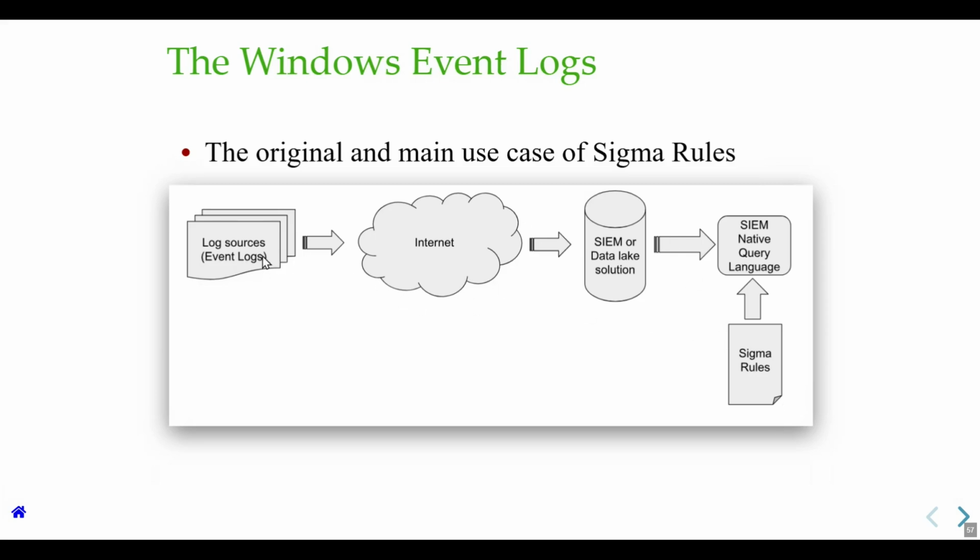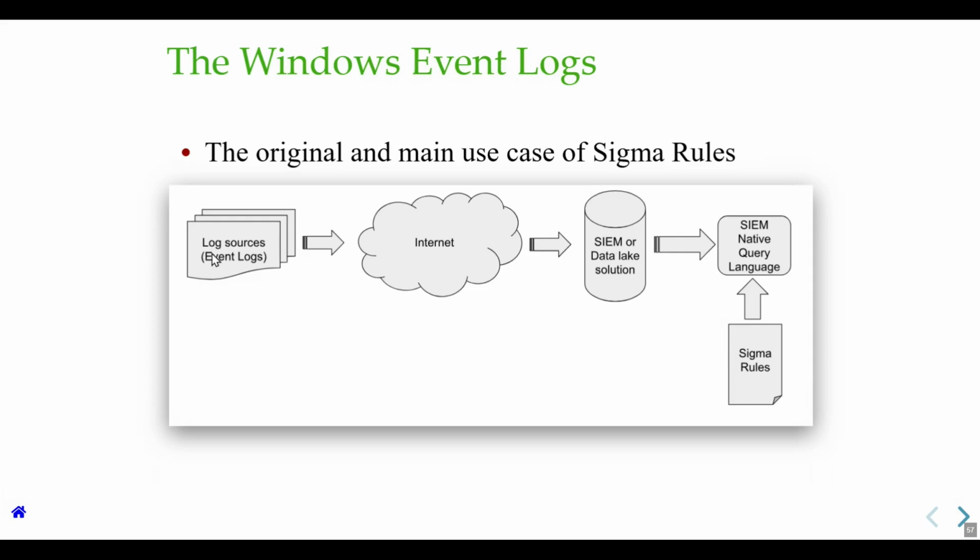But the way that Sigma is usually used, we have these event collectors, event source forwarders. It could be Elastic, could be Microsoft Event Forwarding, whatever. And then we forward all these events over the internet to a SIEM, a data lake solution, so Elastic or Splunk or whatever. And then we have some SIEM query language that we use to query that.